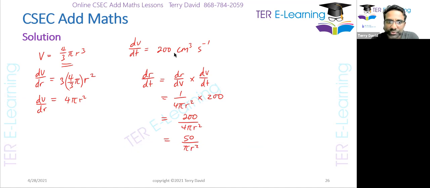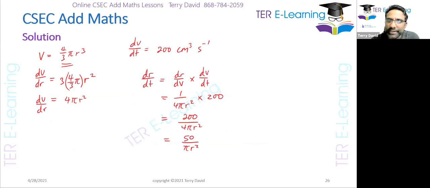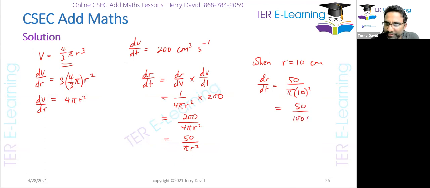But here's what we need to do. They told us that r is 10 centimeters. So when r is equal to 10 centimeters, dr/dt is going to be equal to 50 divided by pi multiplied by r squared. So this is 10 squared, which is 100. So this is 50 over 100 pi, and that 50 can go into 100 two times.